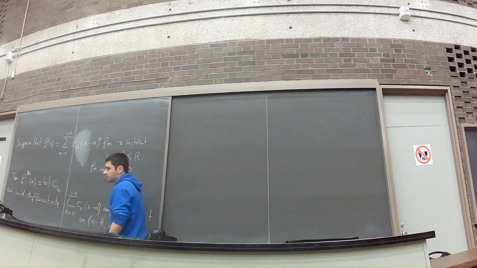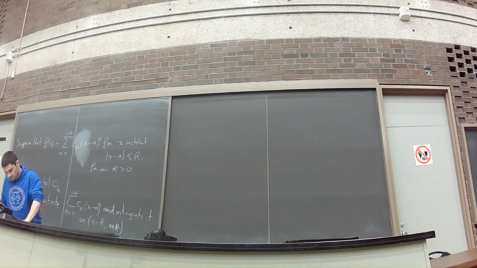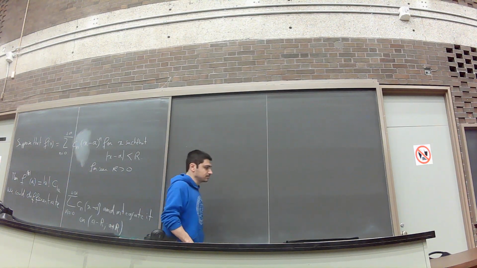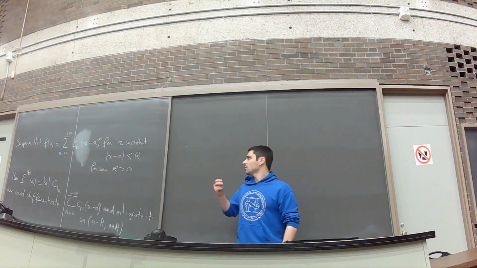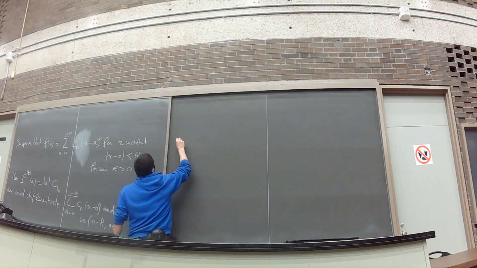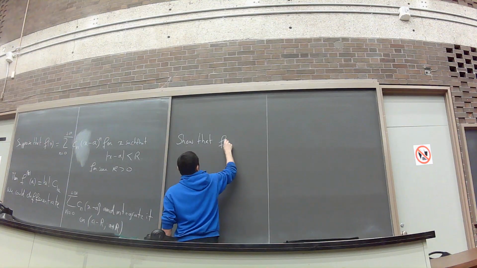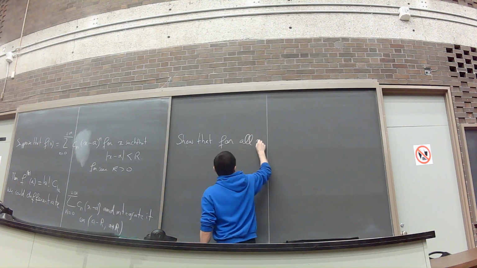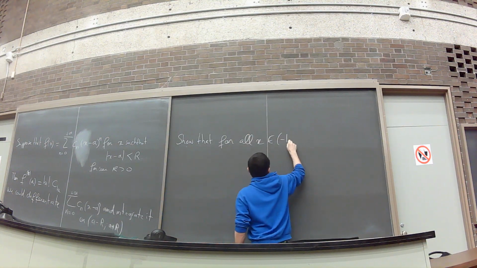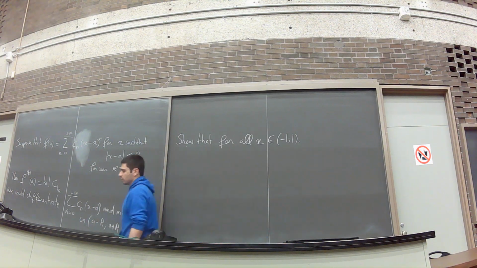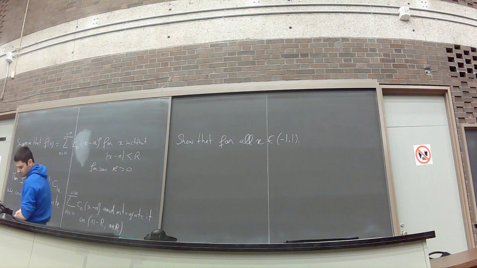Great. So let's give an example of this application. It's a bit harder. Okay, show that for all x in minus 1, 1, the sum of n squared x to the n, what is it that you have? Some x squared.